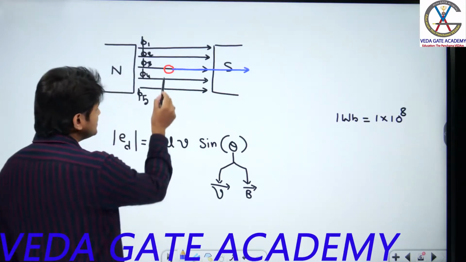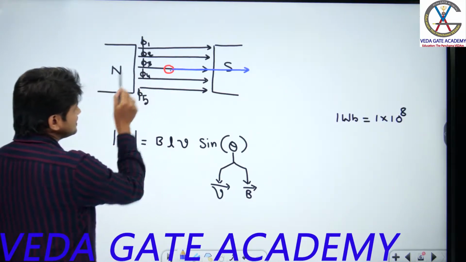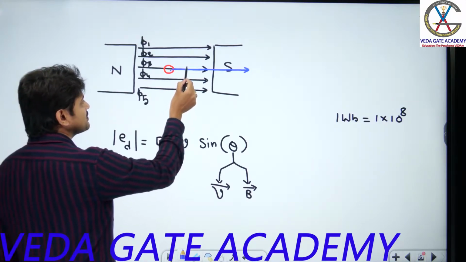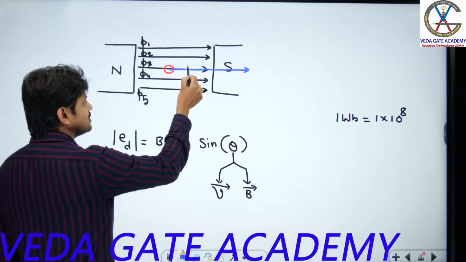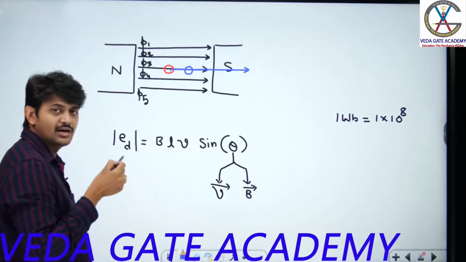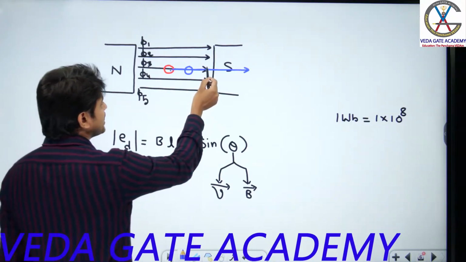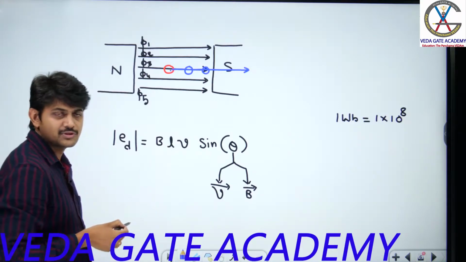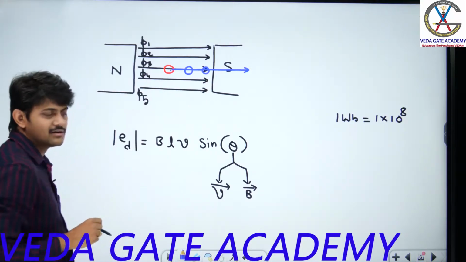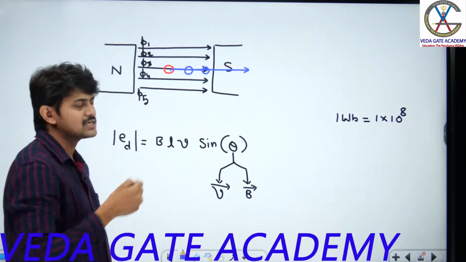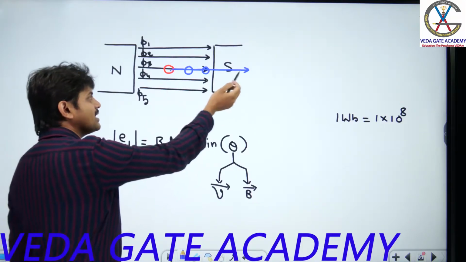Now if you see at this position, if I move the conductor in this direction, then at this instant my conductor is linking with which flux line? The 3rd flux line, phi 3. After some time, let us assume the conductor has come to this position. Even at this instant I can say it is linking with phi 3. Even after some time the conductor will come to this position, and it is still linking with the same flux line phi 3. That means, are you finding any change in flux lines if I move the conductor in this direction?